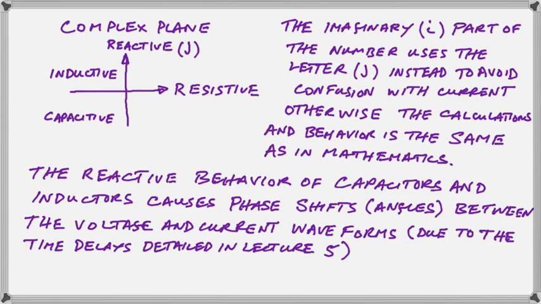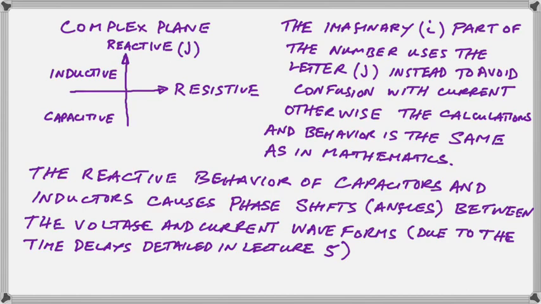Now we use the letter j for the imaginary unit instead of i, because of the use of the letter i in electronics to represent current. But the calculation and behavior of complex numbers is identical to how it is in the field of mathematics.